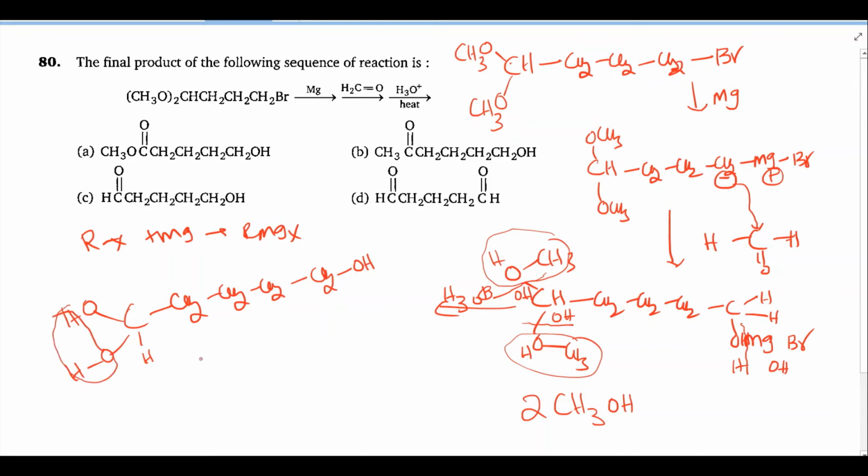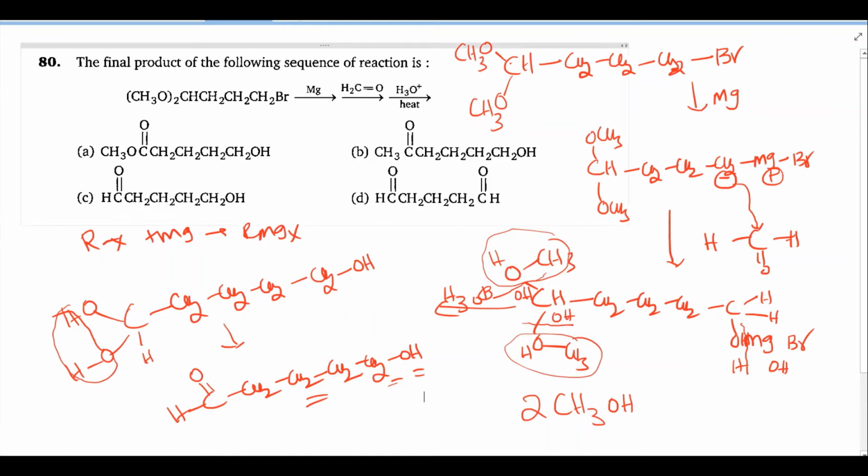Then we get C double bond O H, CH2, CH2, CH2, CH2, OH. This is our answer. Here the correct answer is option C. Option C is the correct answer.